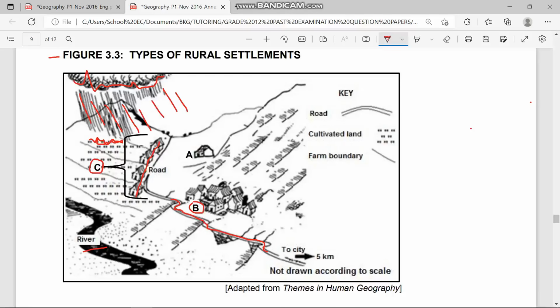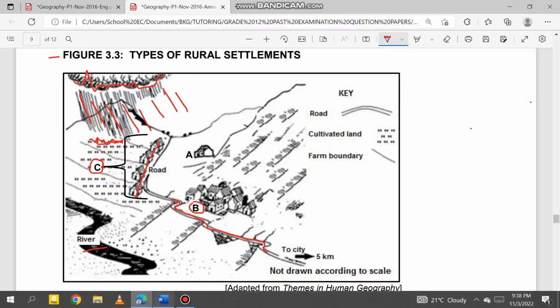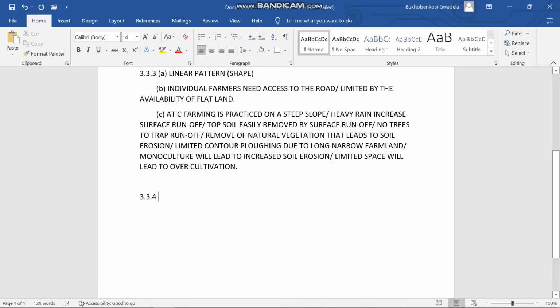That basically means that it will move up the hierarchy, because if the road is well developed, some companies in the city will start to consider this particular area in those rural areas. So let's write down what you can say there.